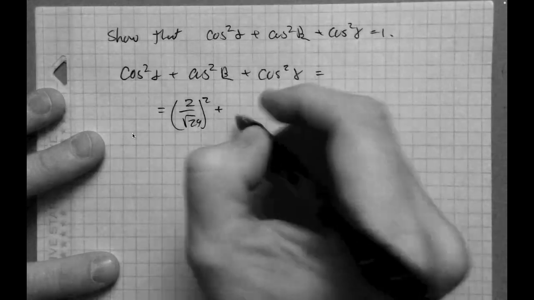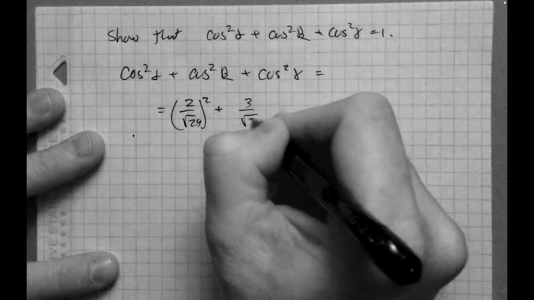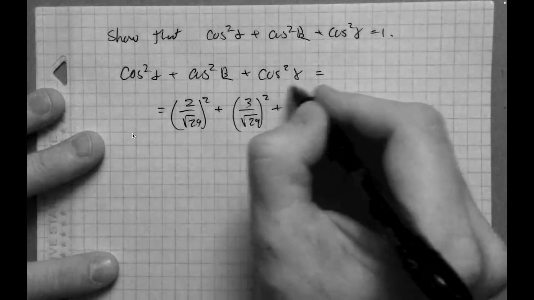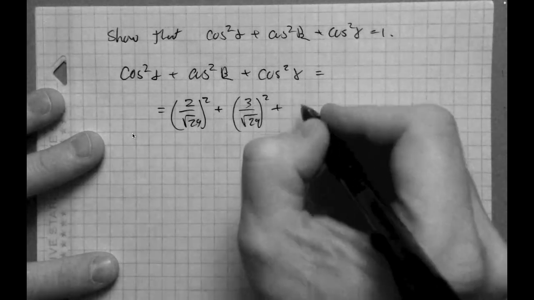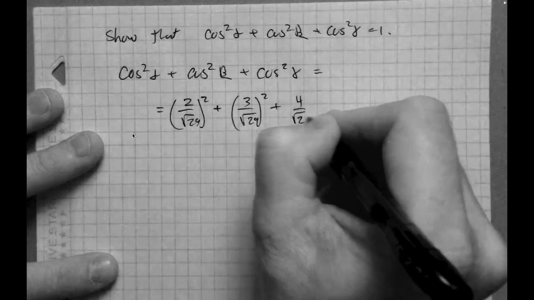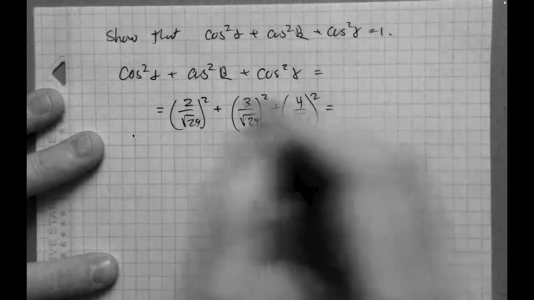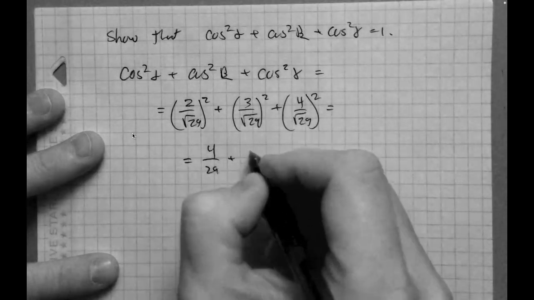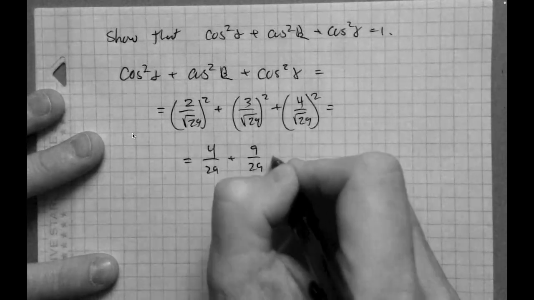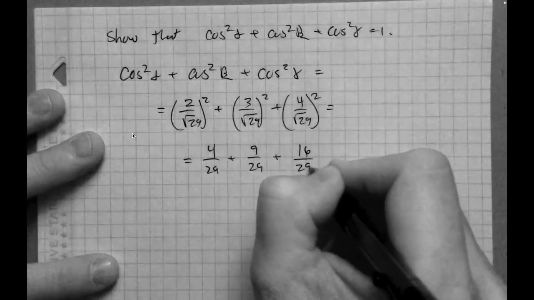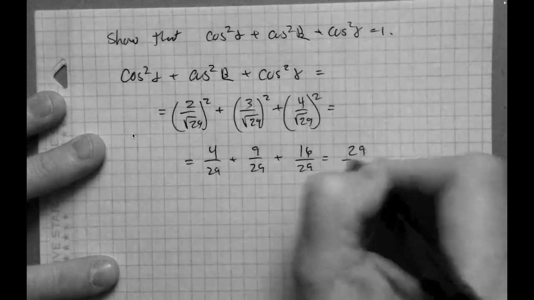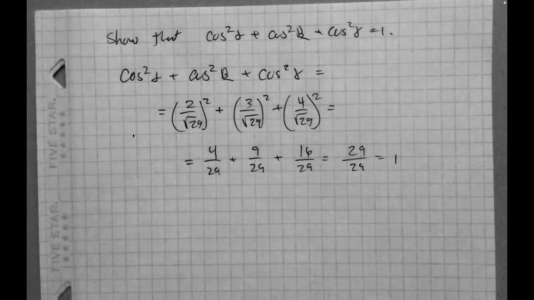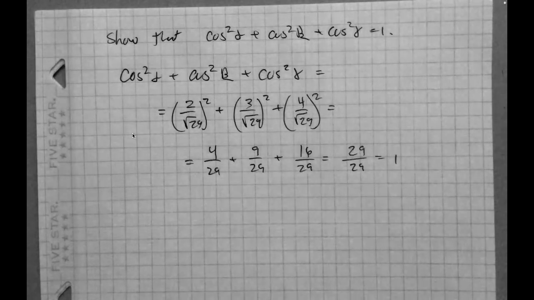Cos beta was 3 over the square root of 29, square that. And then cos gamma was 4 over the square root of 29, we square that. And we get 4 over 29 plus 9 over 29 plus 16 over 29. And of course, that's equal to 29 over 29, which is 1. So really straightforward to see that.